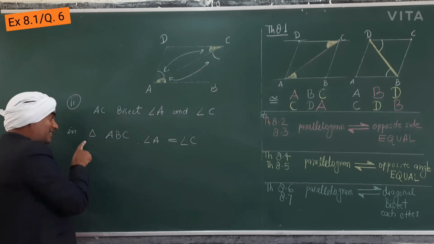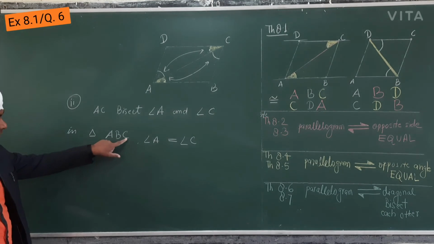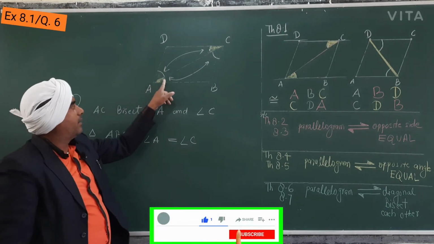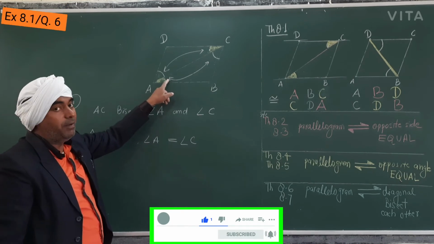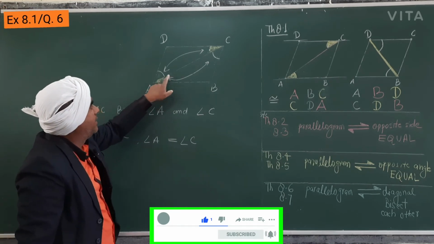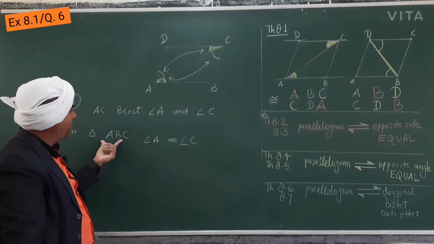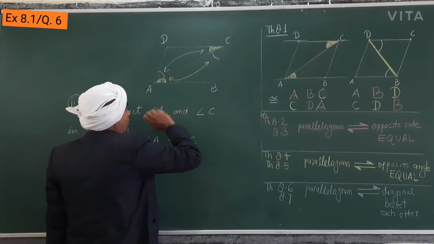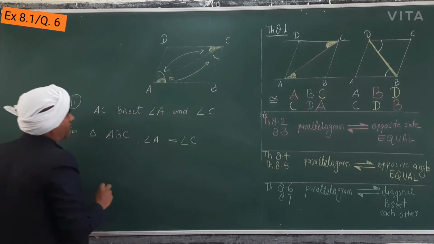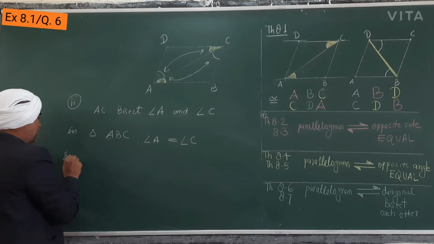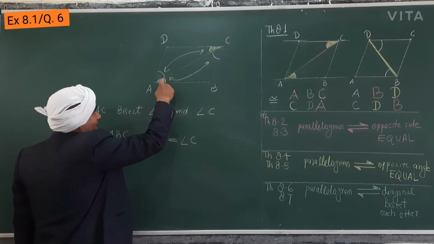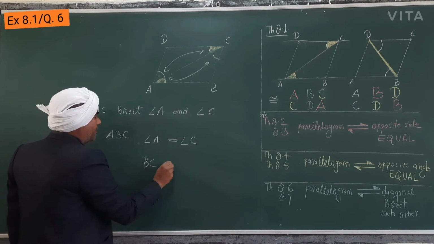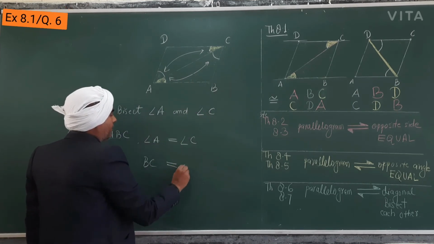Now it is important, in triangle we can write A and C, but in the quadrilateral angle A will be wrong, because angle A here, the division is there, this angle or this angle, but in ABC, angle A is equal to angle C. So if these are equal, opposite sides will be equal. A opposite side BC, so BC is equal to AB.